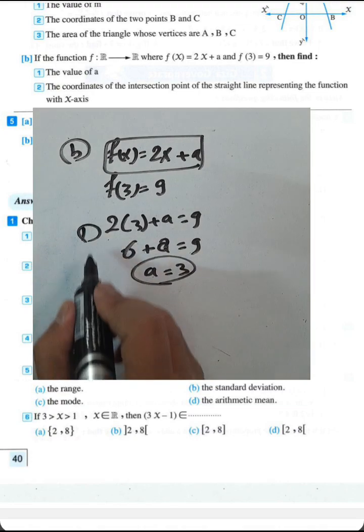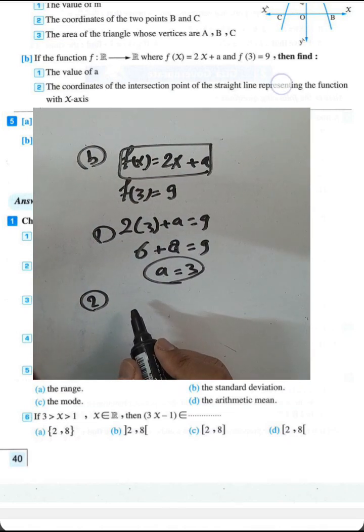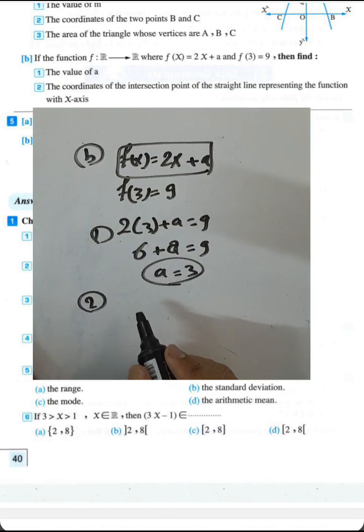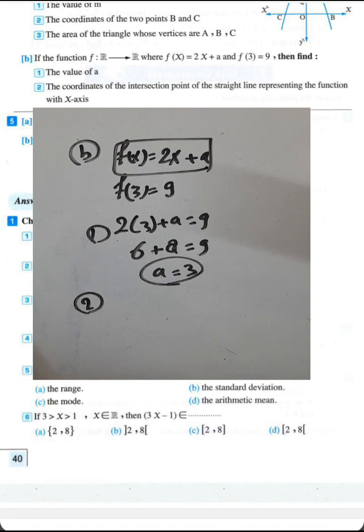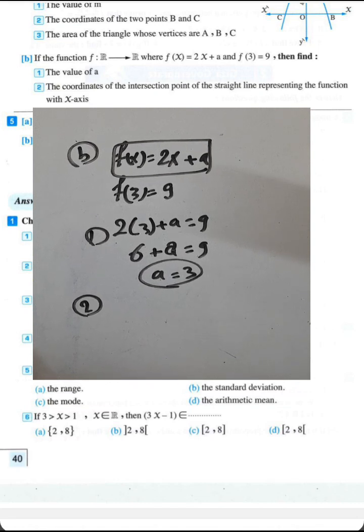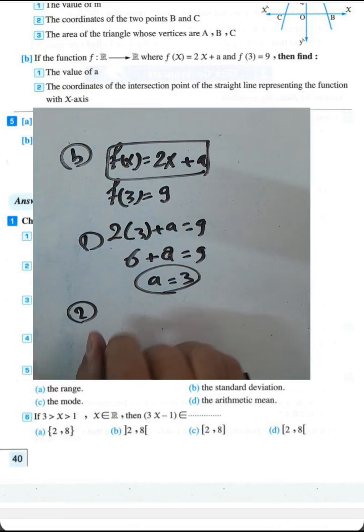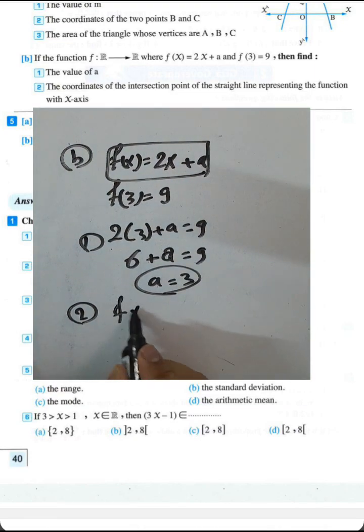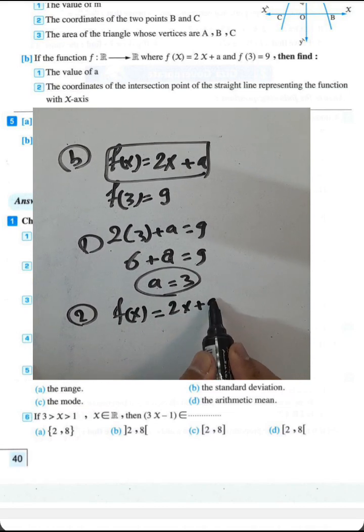Question number 2: find the coordinates of the intersection point of the straight line representing the function with the x-axis. For the intersection with the x-axis, put y equals 0. In this example, the function f of x was 2x plus a.